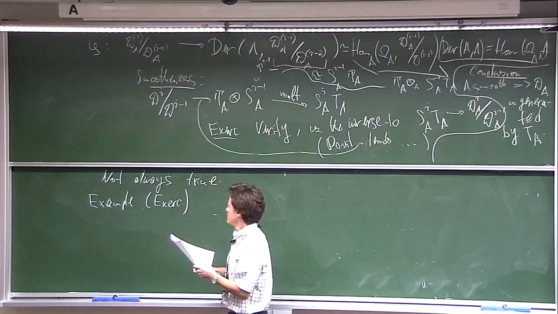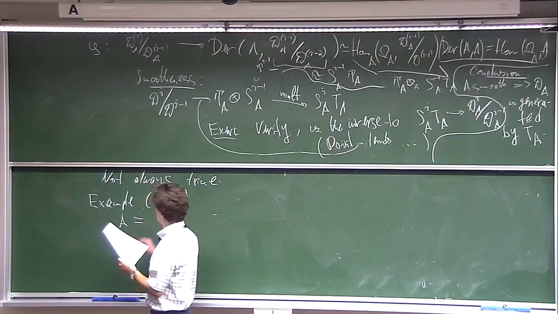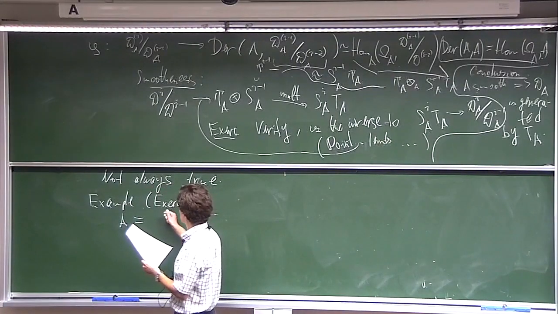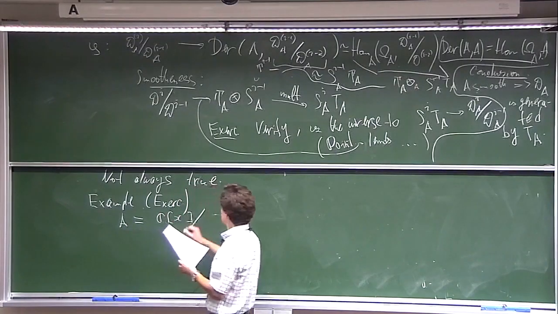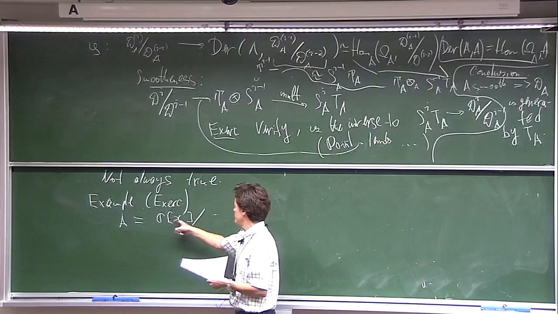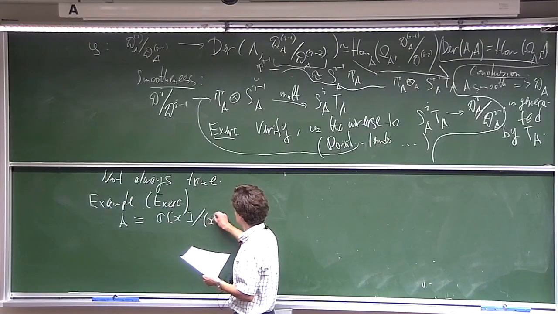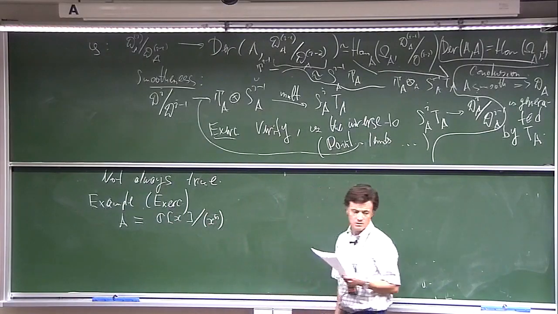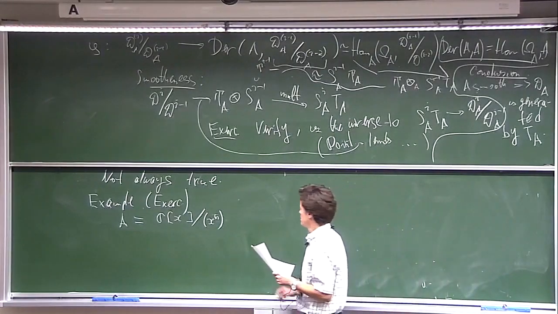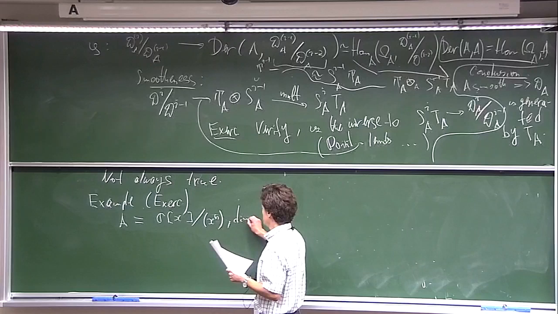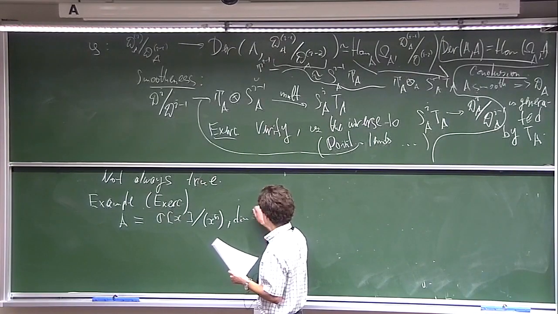Let A be the space of functions, so to say, on a fat point. So take the ring of polynomials in one variable and quotient out the ideal generated by x to the nth. That's an n-dimensional space, right?